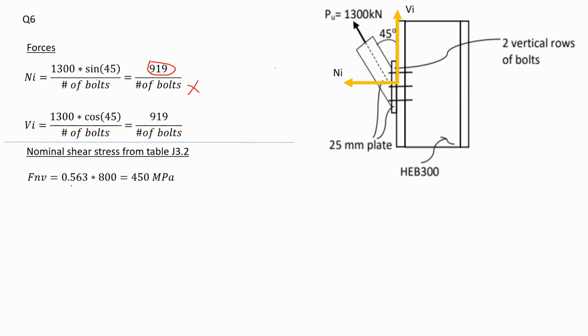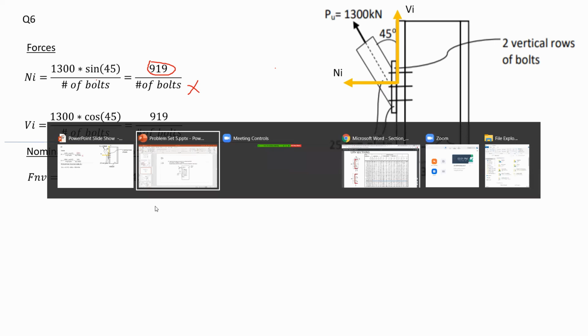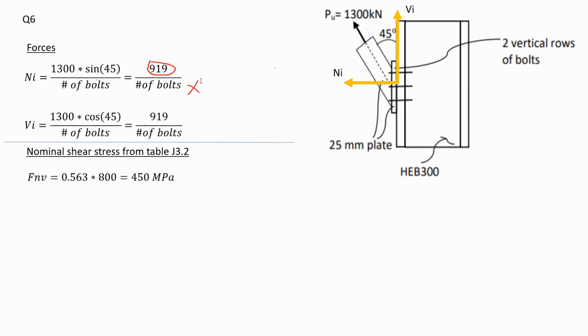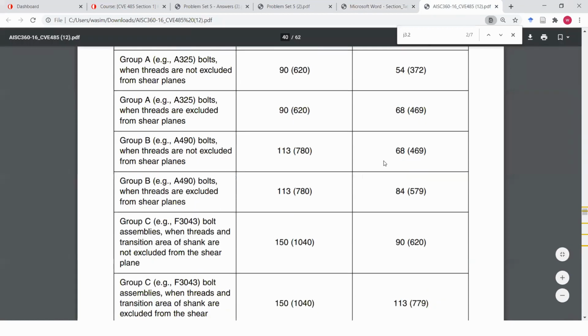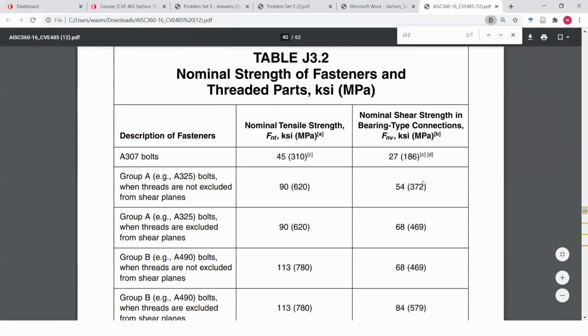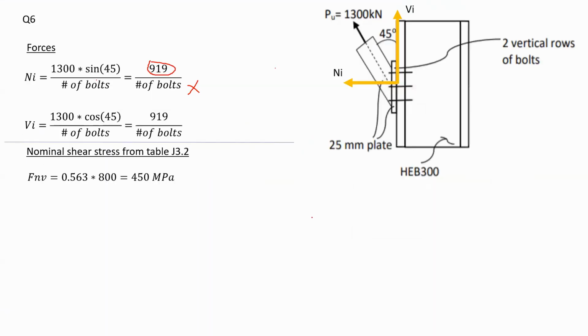What else do I have to find? I have to find the nominal shear stress. Again, going back to table J3.2 as a reminder. One thing I want to mention: in the previous problems, we had all the forces causing shear effect. In this problem, we don't have only shear effect, but we have a tension effect as well, as shown in here.